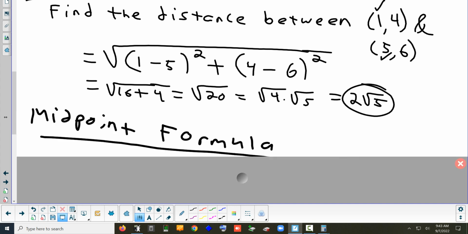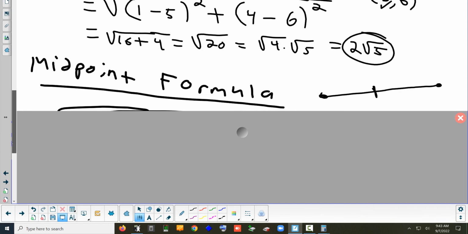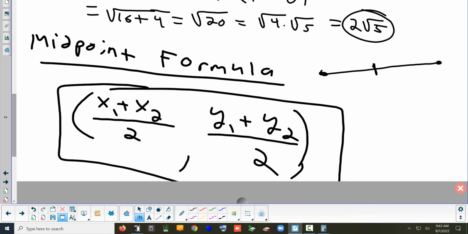All right, last problem. So the last problem is what's called the midpoint formula. The midpoint formula gives you a way to find what's halfway between 2 points. And that is the midpoint formula. Now, if you look at what you're really doing in that formula, look at the x's first and then look at the y's.